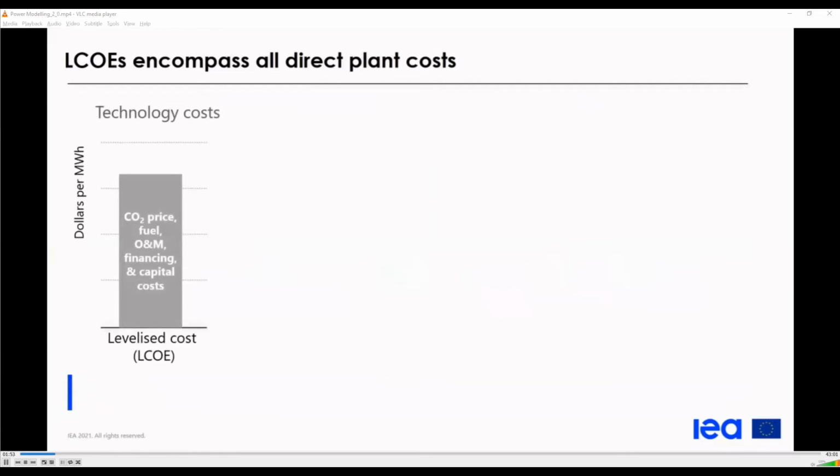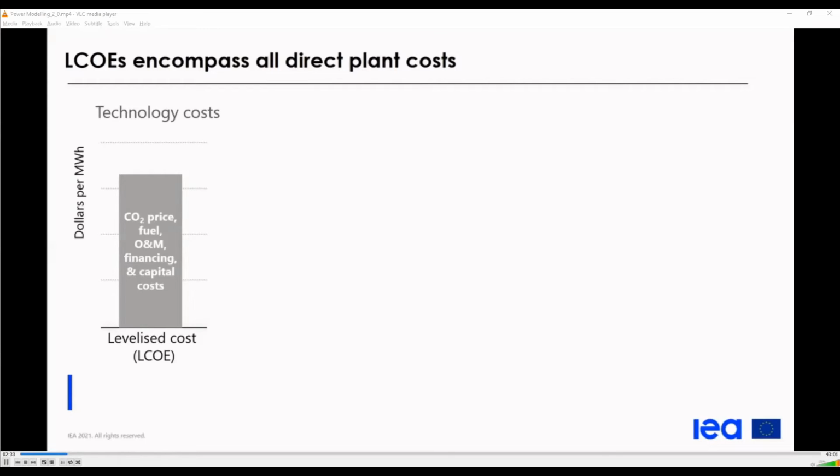This metric really does a great job at putting together all the various technology costs. So talking about the cost to develop, design, and license a project, the capital cost to actually build the plant. But then, of course, over the lifetime, which can range from 20 to 70 years, you would also have to pay for operation and maintenance costs, as well as input fuel and CO2 prices when applicable.